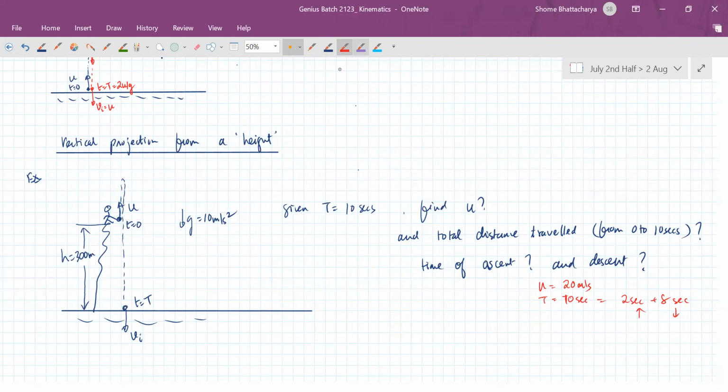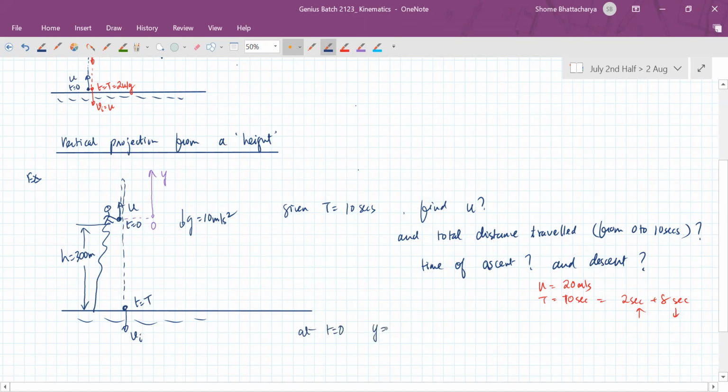So the very simple thing you have to do here is you take your origin at this point and you take this as your axis. So I'll, for example, take this as my y-axis. So we'll say that at t equal to 0, my initial y coordinate is 0. My initial velocity is plus u, which I don't know.